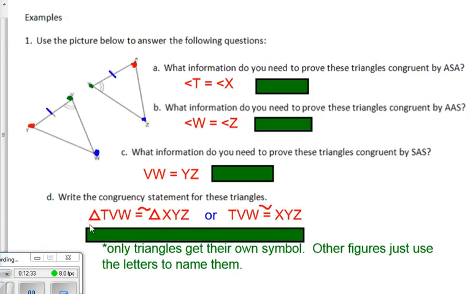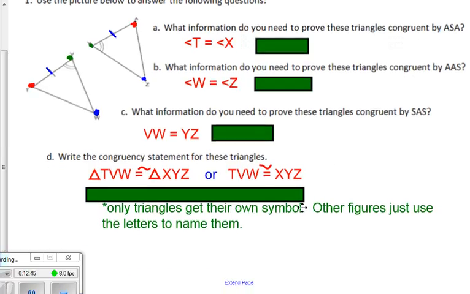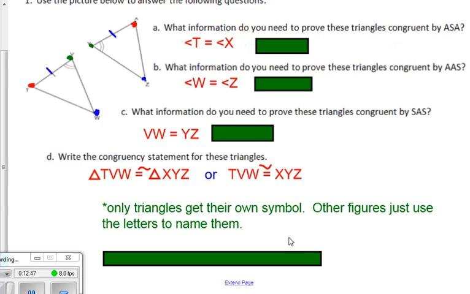You can put the little triangle symbol in front and say triangle TVW is congruent to triangle XYZ, or you can just say TVW is congruent to XYZ. The only reason we have a discrepancy there is that triangles get their own little symbol. So we'd say specifically this is triangle TVW and triangle XYZ.